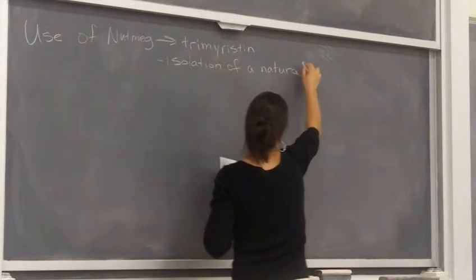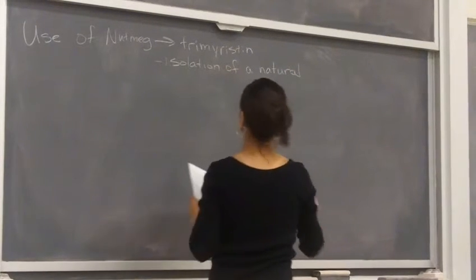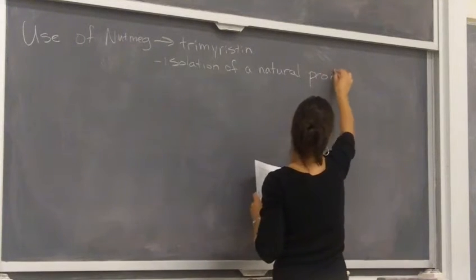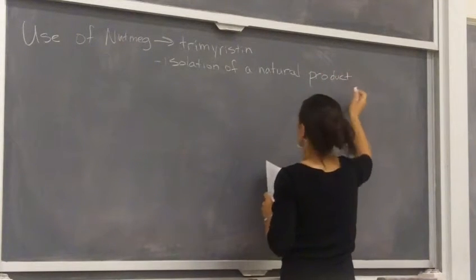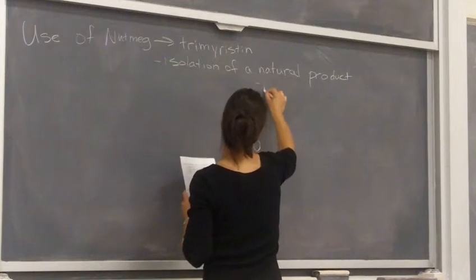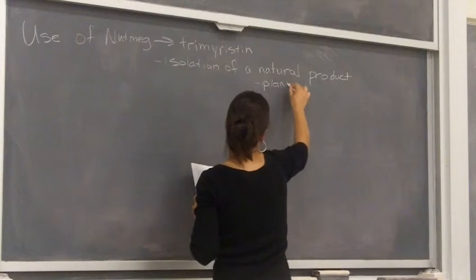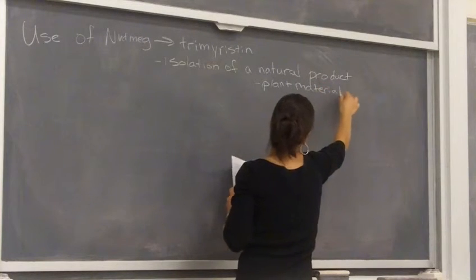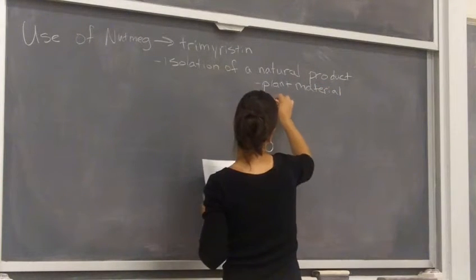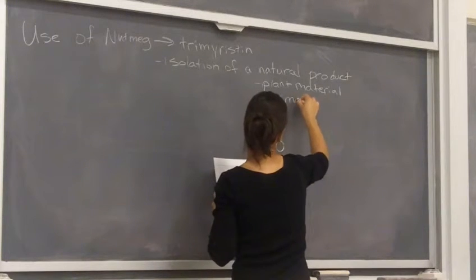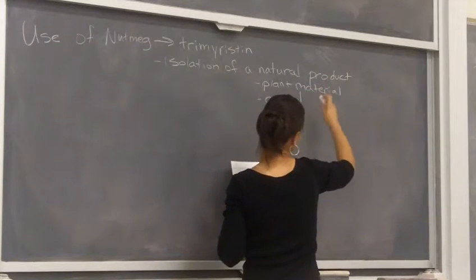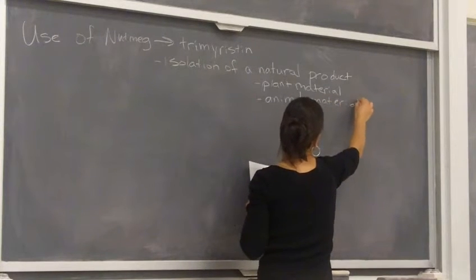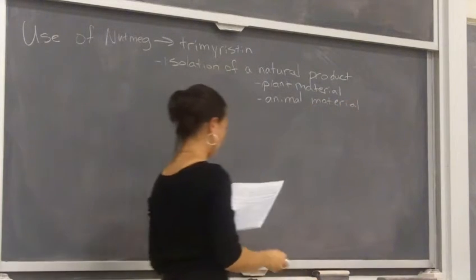So when we're talking about natural products, we're talking about things that come either from plant material or animal material, and we're isolating something from that, okay? So we took the nutmeg, which is a plant, and we're isolating something from that nutmeg, all right?